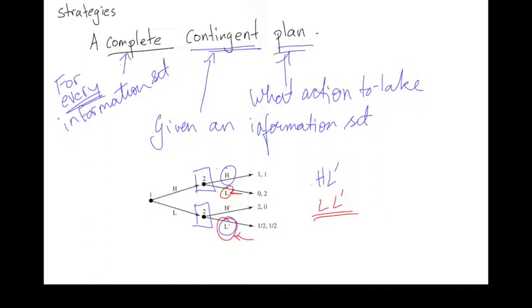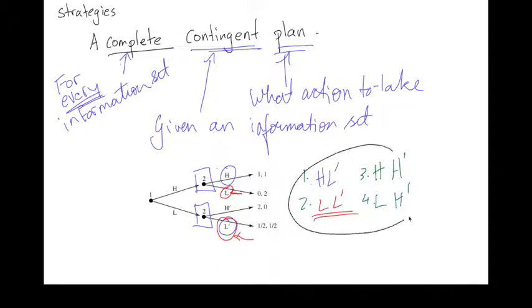So H L prime and L L prime are two of those strategies. And what are the other ones? Well, he could do H H prime, and he could do L H prime. So 1, 2, 3, and 4. So there are four different strategies that this player could choose from.